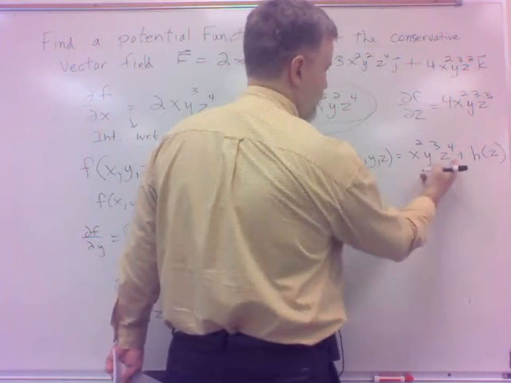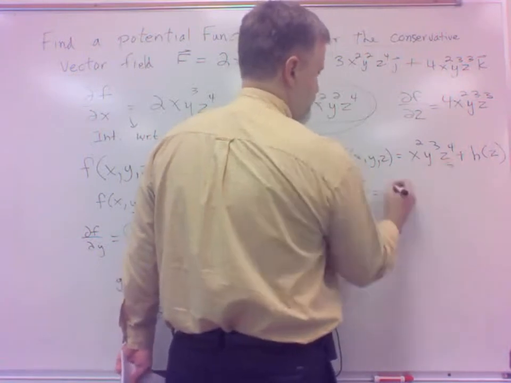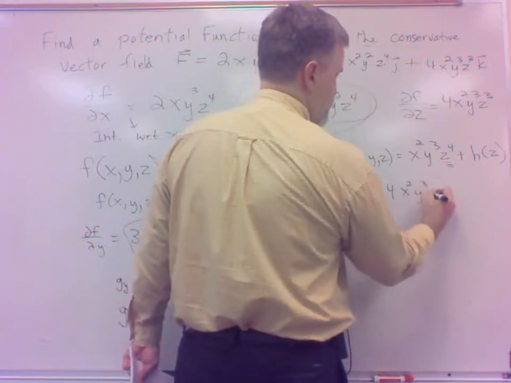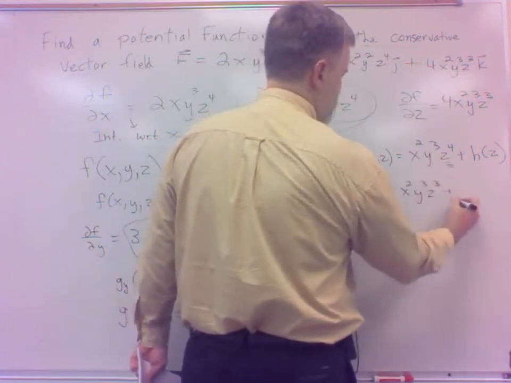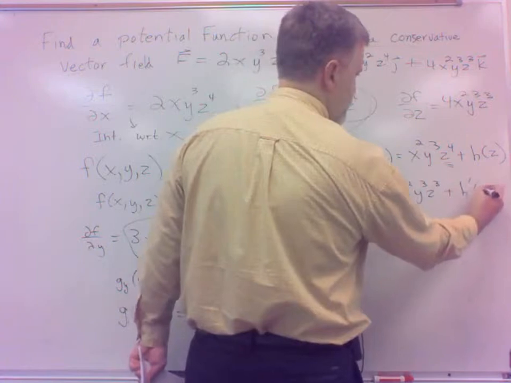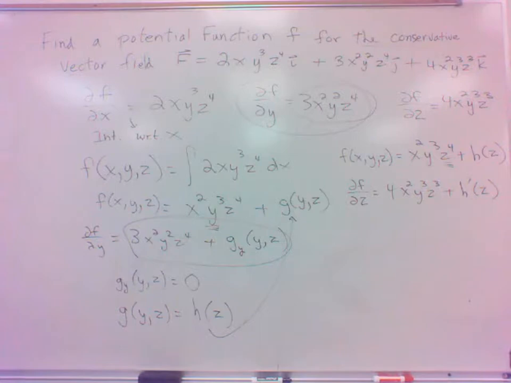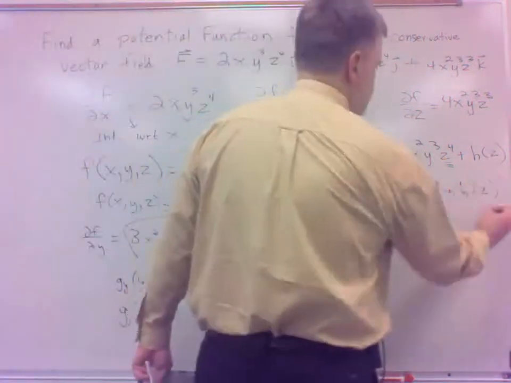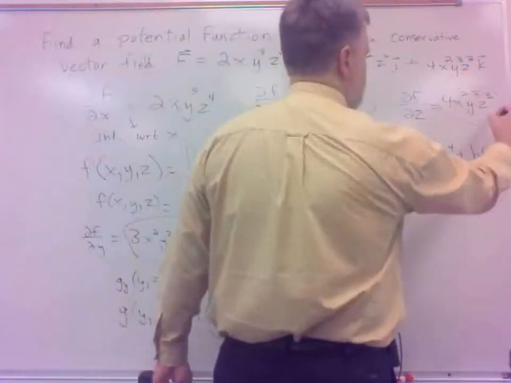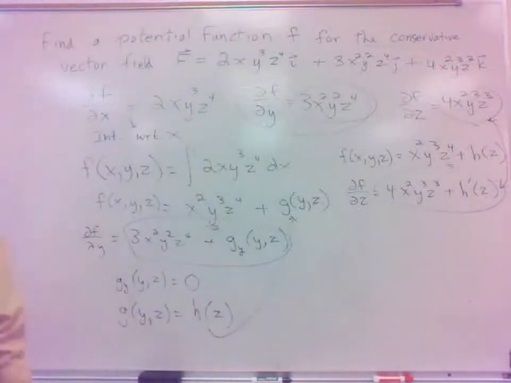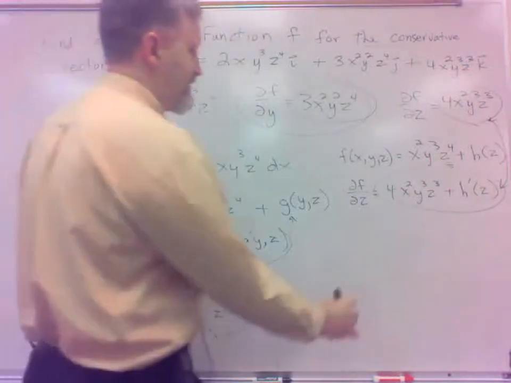That would be what? So now we're doing the z, so that would be 4 x squared y cubed z cubed plus the derivative of h of z. Well, these two things now must equal, and so it looks like h prime of z, this one's a pretty nice one, h prime of z equals 0.